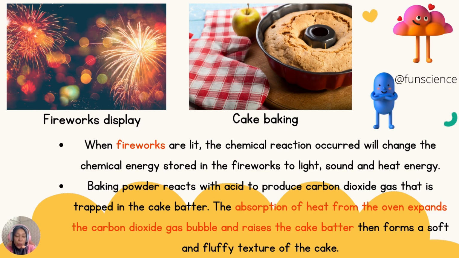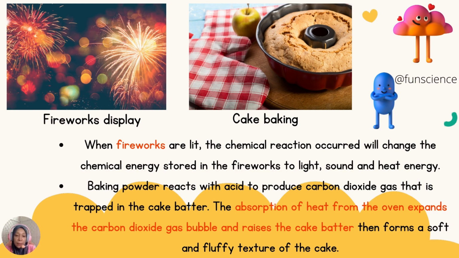Okay, look at the second one. During the cake baking, the baking powder reacts with acid to produce carbon dioxide gas. This gas is actually trapped in the cake batter. Adunan kek tu kan. So, ada gas carbon dioksida yang terperangkap.